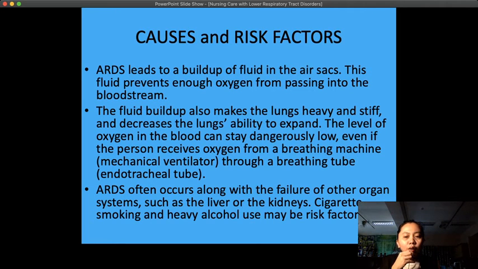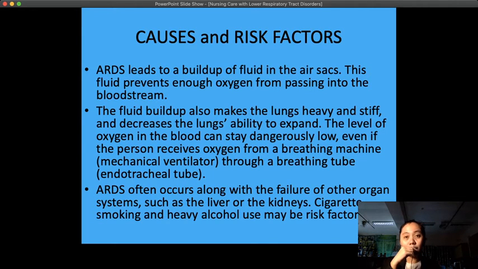Okay, so the level of oxygen in the blood can stay dangerously low even if the person receives oxygen from a breathing machine or mechanical ventilator through a breathing tube called the endotracheal tube. Okay? So ARDS often occurs along with the failure of other organ systems.